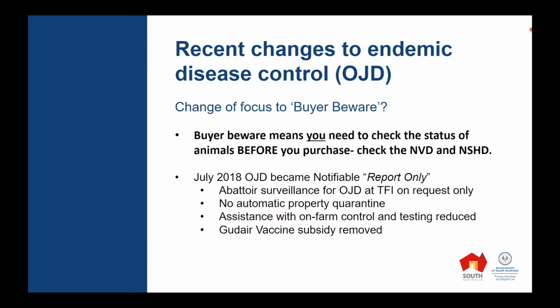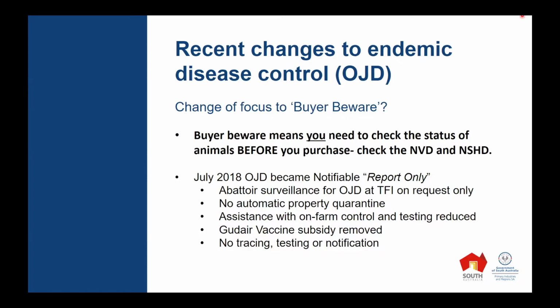As well as that, Gudair, the OJD vaccine, was previously subsidised by the government through the Sheep Industry Fund for producers who became affected with disease or were at risk. That subsidy was removed a bit over 12 months ago.